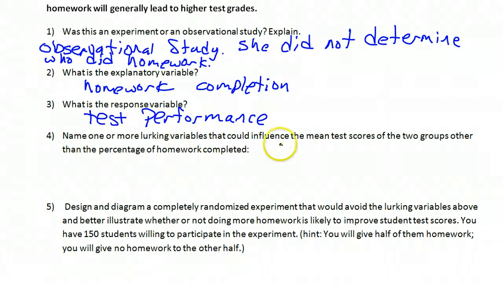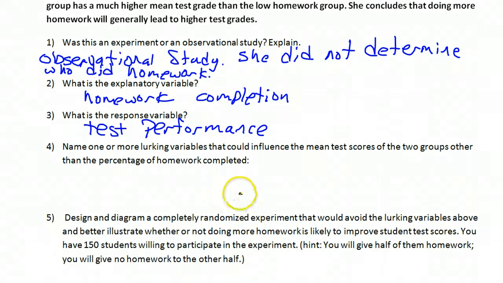Name one or more lurking variables that could influence the mean test scores of the two groups other than the percentage of homework they completed. Okay, again, when we're talking about lurking variables, you should be thinking of things that could cause the test performance to be different, other than whether or not they did their homework.